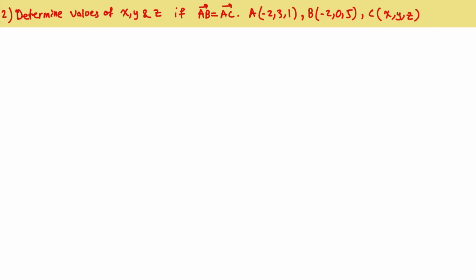The second question tells us to determine the values of x, y, and z if vector AB is equal to vector AC. So let's do this. Vector AB is going to equal the x component of vector B minus the x component of vector A. That's negative 2 minus negative 2, 0 minus 3 for the y component, and 5 minus 1 for the z component.